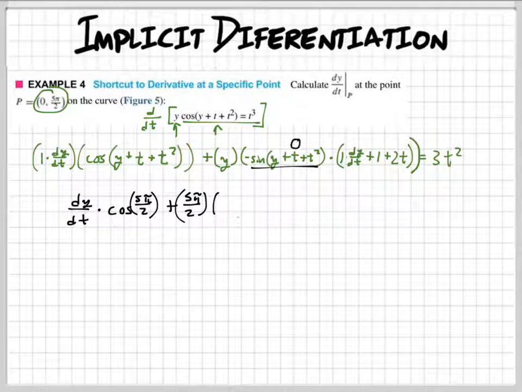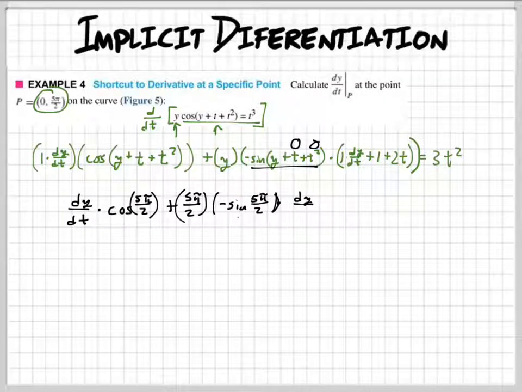Well, this is 0 and this is 0, so we just have negative sine 5 pi over 2. And this is multiplying this right here, which is going to be 0. So I just have dy over dt plus 1. And on the other side we have 0.